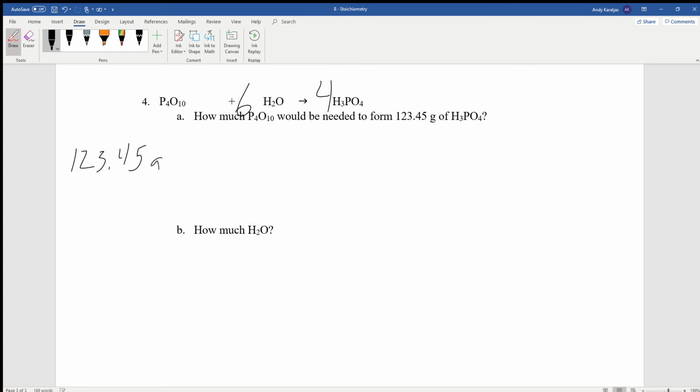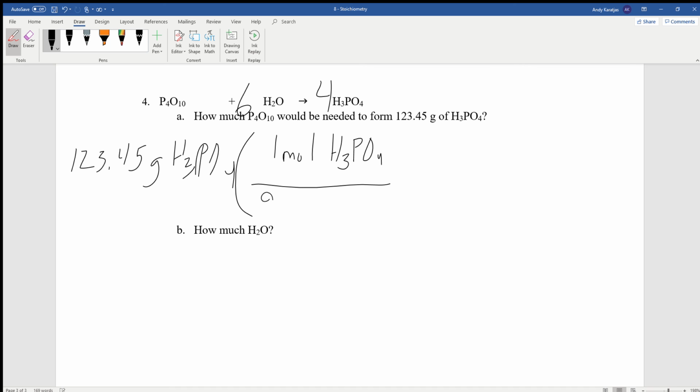So 123.45 grams of phosphoric acid. We're going to divide that by the molar mass of phosphoric acid. Use our coefficients to do our moles to moles conversion.